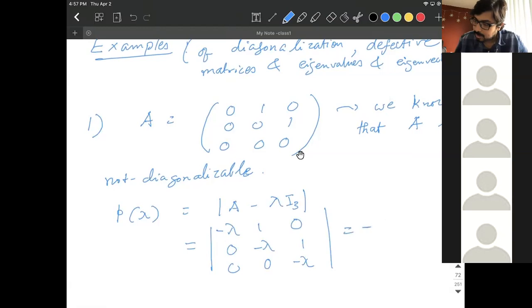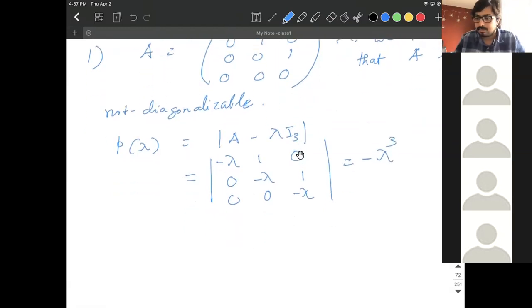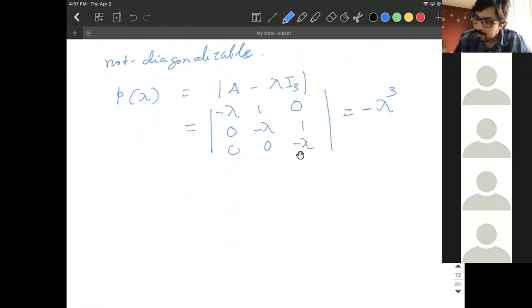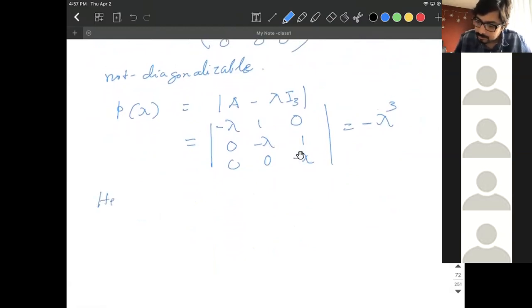So this is just minus lambda cubed. So this is the characteristic polynomial. Okay. Hence, lambda equals 0 is the only eigenvalue.